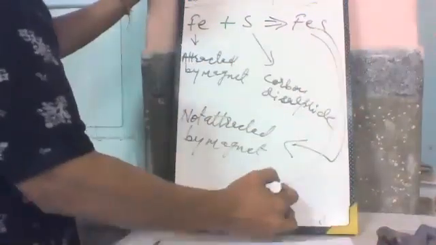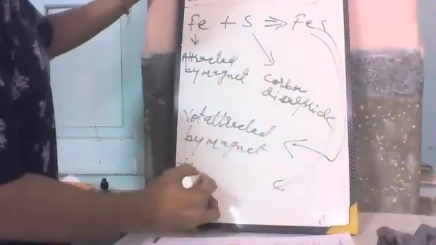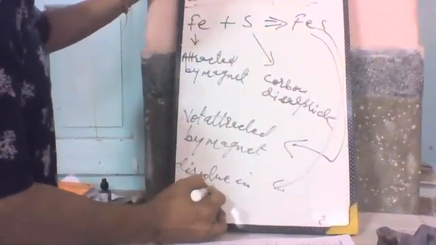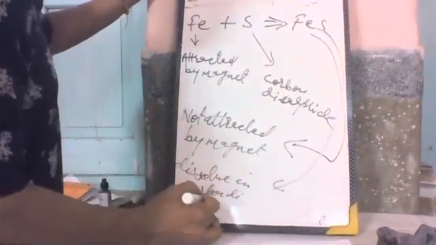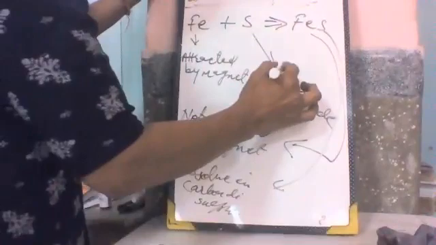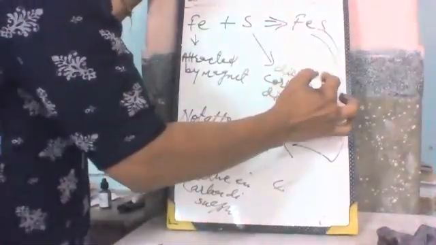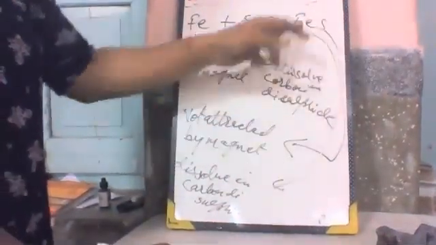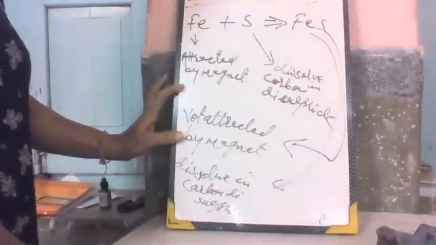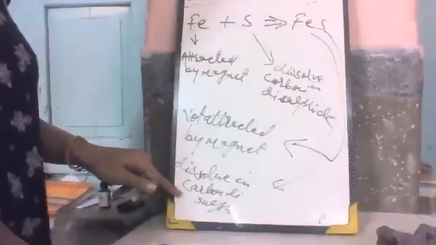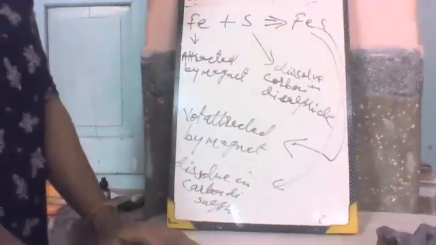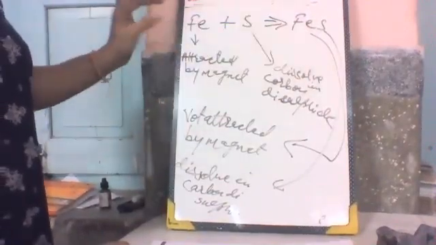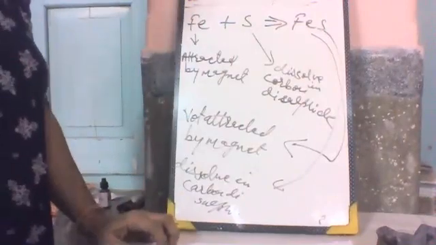And sulfur dissolves in carbon disulfide, but both characteristics are not found in FeS. The iron is not attracted by the magnet and sulfur is not dissolved in carbon disulfide. So the property of a compound is different from the property of its elements.